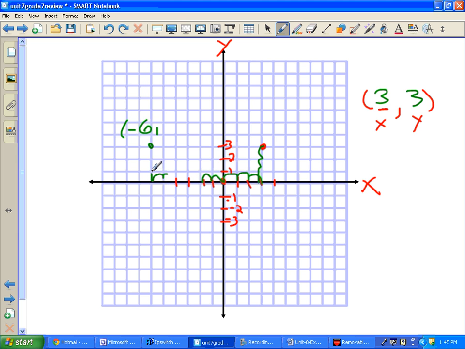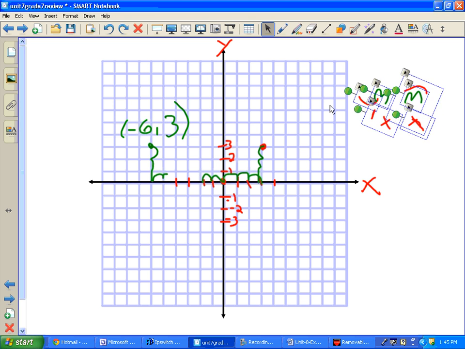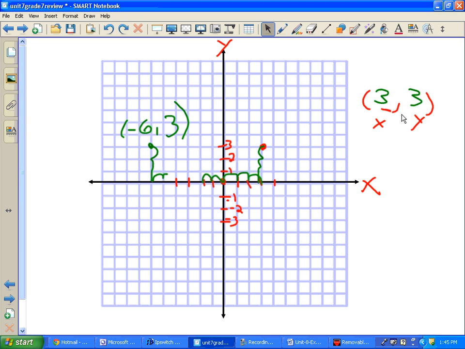It'll be positive 1, positive 2, positive 3. So it'll be negative 6, positive 3. Whereas this one right here, as we already said, was 3, comma, 3. So that was this point right here.